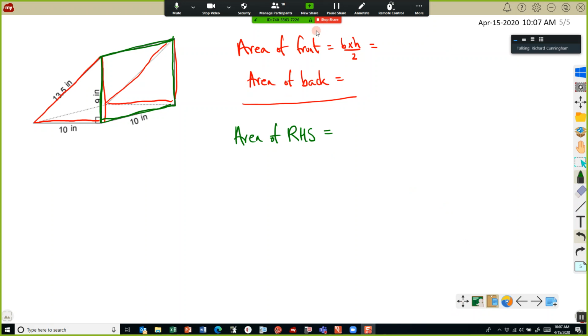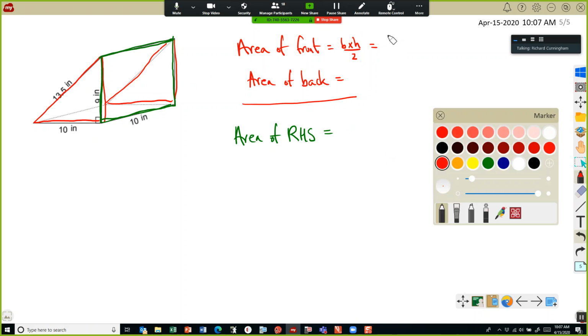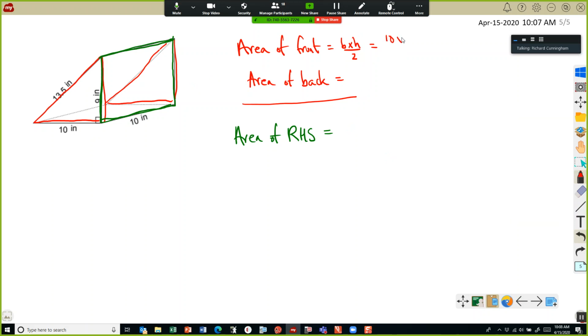All right, area of the front. So what is the base? Shout out. Good. What is the height? Good. So 10 times 9 divided by 2 is 45. Good. That's the same as the back.